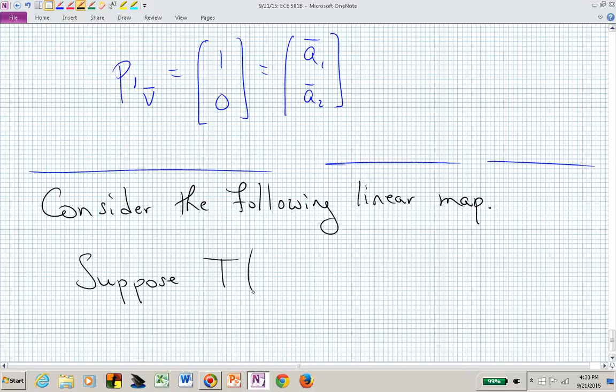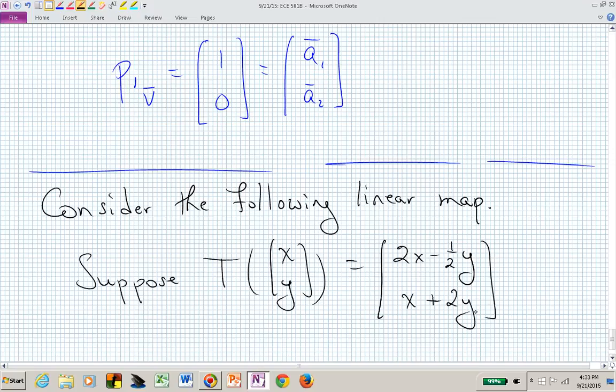Suppose that T, and again, this linear map is from R2 to R2. Let's say that this now becomes 2x minus 1/2 y and x plus 2y.